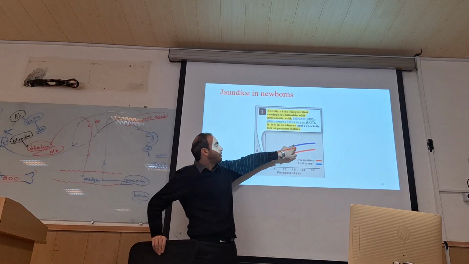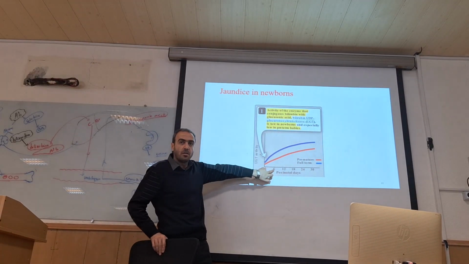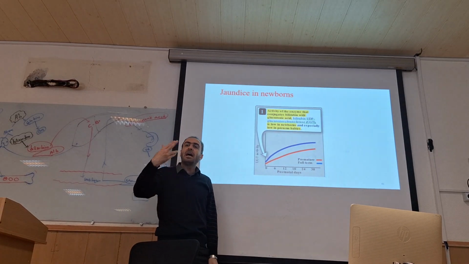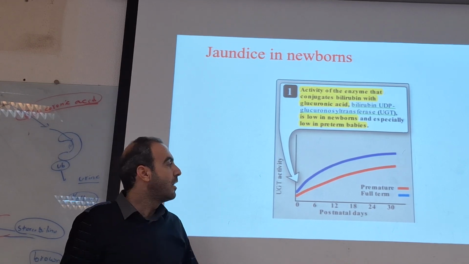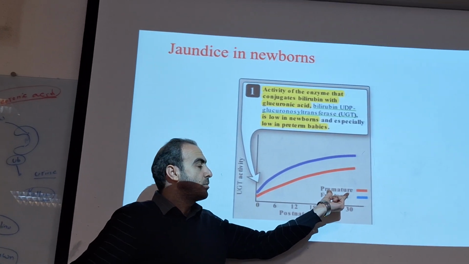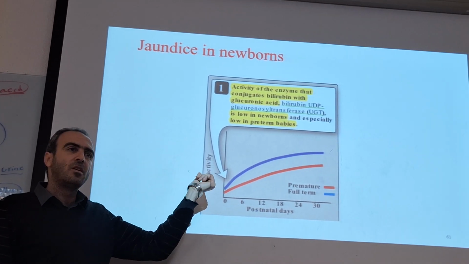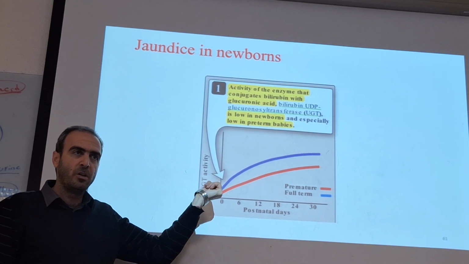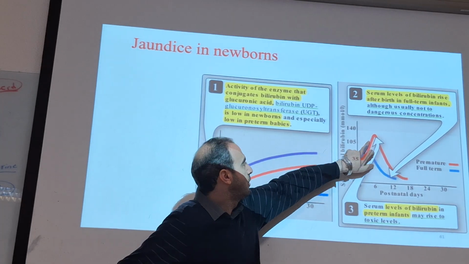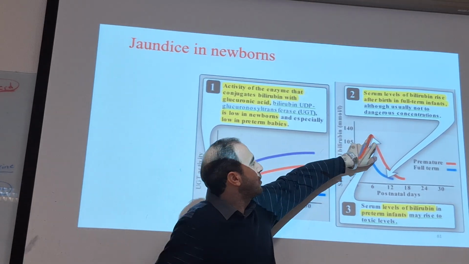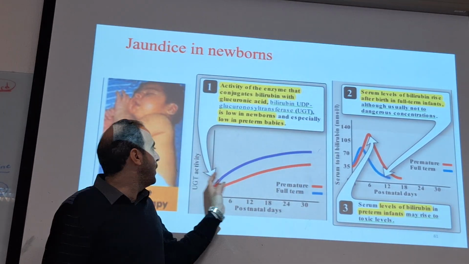In the full term, glucuronide transferase activity is high, and they can add glucuronide to bilirubin and excrete it easily. But in the premature or preterm baby, because the liver is not developed very well, the glucuronide transferase is low, and then the concentration of serum bilirubin is higher than in the full term.